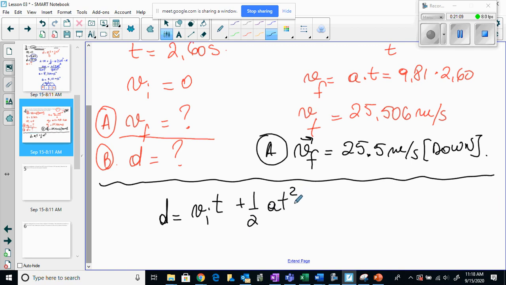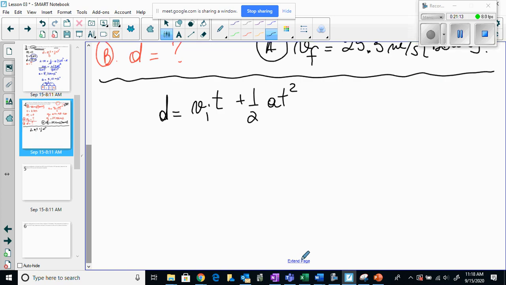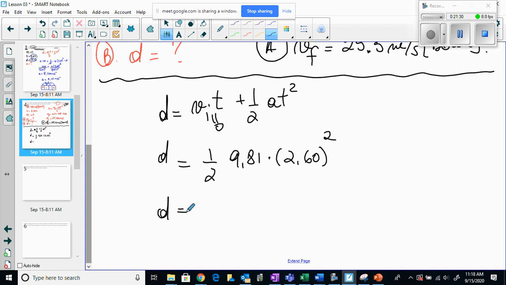Again, since everything is in one direction, we don't worry too much about writing the vector sign. Initial velocity is equal to 0, so we will have 1/2 times 9.81 times 2.60 to the power of 2.